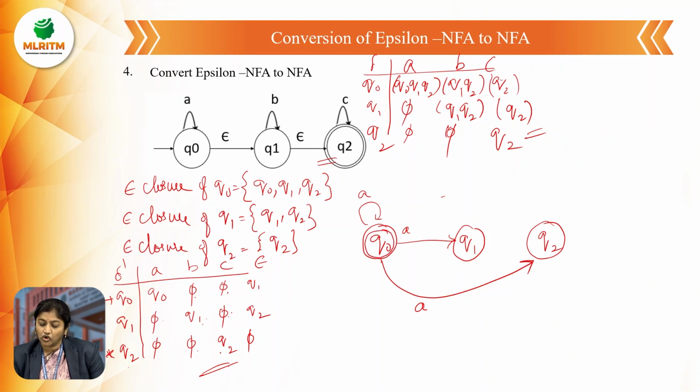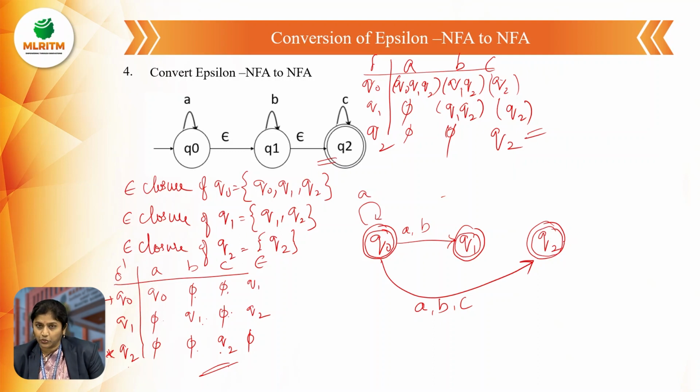Next, q0 on B is q1. q0 on B is q2, like this. Next, q0 on C is q2. In q0, q2 is there, so this will be a final state. q1, q2: all three states will be final states.